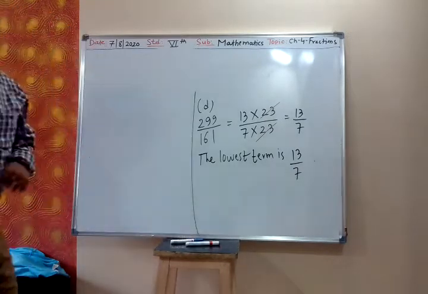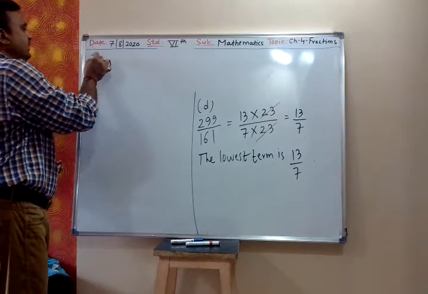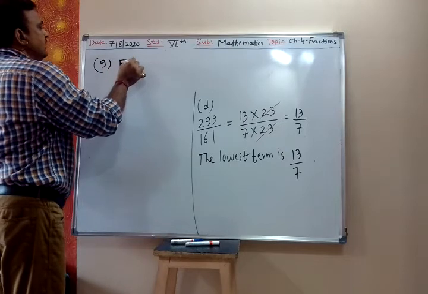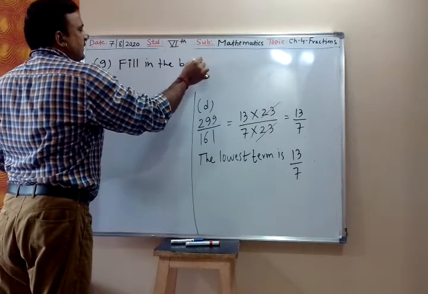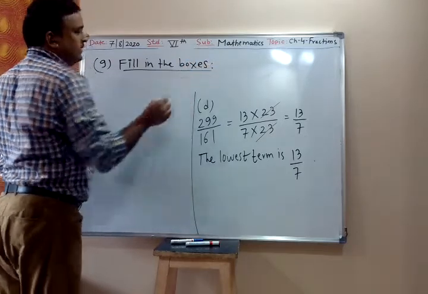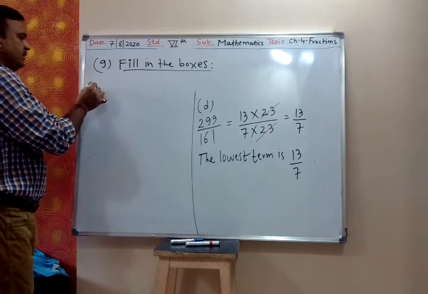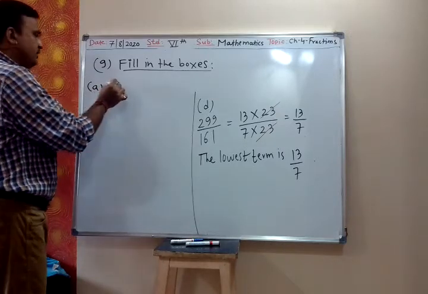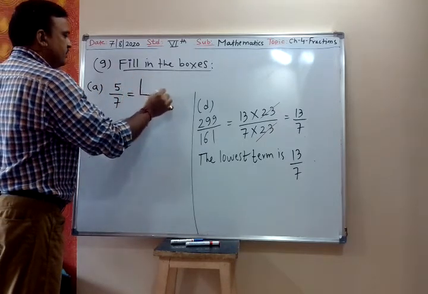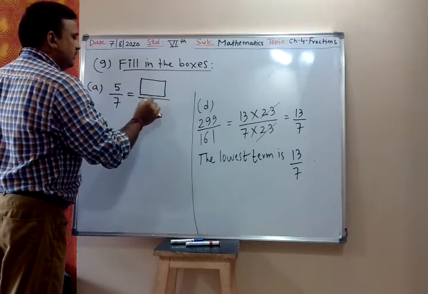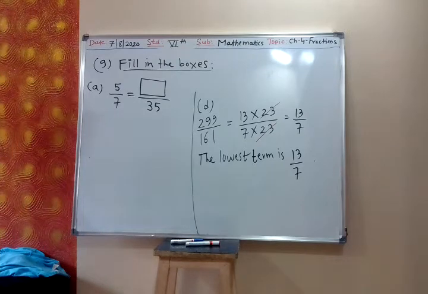Now question number 9. Fill in the boxes. A: 5 upon 7 is equal to box upon 35.